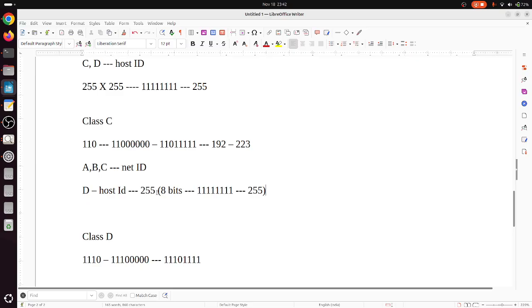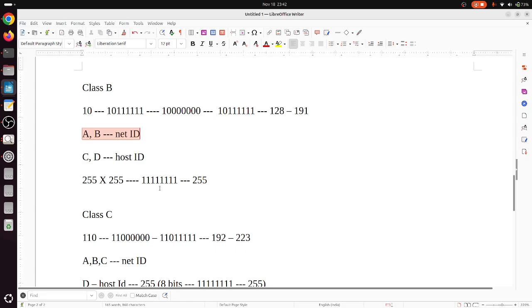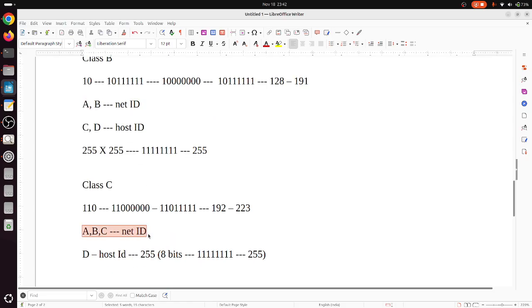If I go with many networks with many customers, then I go with class B. When I use class C, I will have only a minimum number of customers. So this is the categorization of class A, class B, class C. Once again, remembering back: class A uses the first socket as its net ID, class B uses the first 2 sockets as the net ID, and class C uses the first 3 sockets as the net ID.